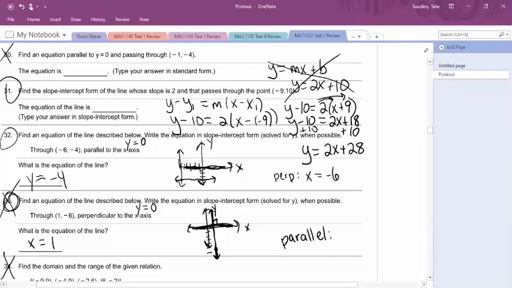You'd have to use the -6, yes. And then which variable for horizontal lines? Y. So it would be y equals -6. Okay, yeah, so for parallel to the x-axis, it's always going to be a y equals.